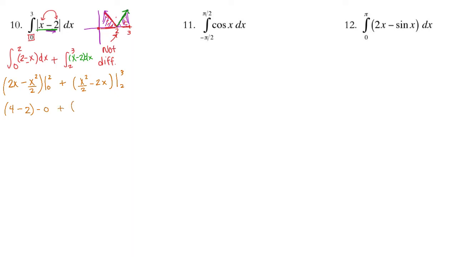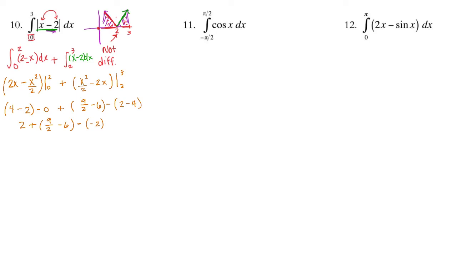Plus, and then over here we're going to have 9/2 minus 6, minus, and then plug in our 2, we're going to have 2 squared 4, 4 over 2 is 2, minus 4. So in this parentheses we got 2 plus, and then over here we have 9/2, and I save those fractions till the end. I'm going to avoid them like the plague. Minus, and then 2 minus 4 is -2.